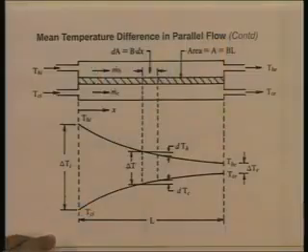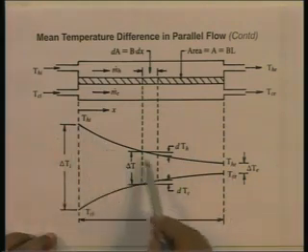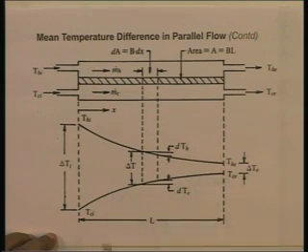Now, before we start deriving the expression, let us just for a moment qualitatively see the picture before us. These are the temperature profiles on the hot side and the cold side.